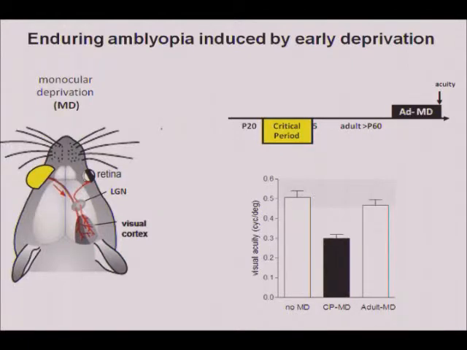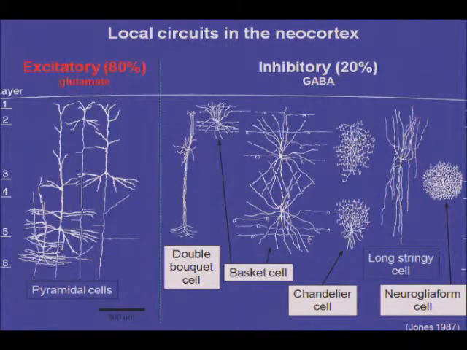But a similar deprivation in adult animals does not produce this amblyopia. So here's a window of plasticity that we can study and dissect using molecular genetic techniques. Mice are not particularly visual, but they are genetically tractable. So you can start to play with factors that you think are important.